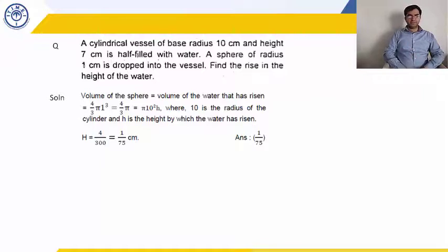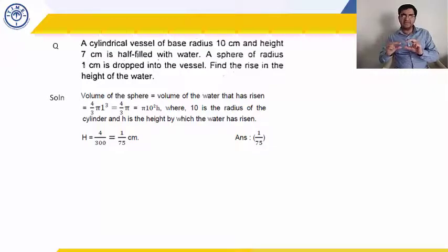So that is the concept being used here. The volume of water displaced inside the vessel is simply the volume of the sphere. So you have the volume of the sphere, which is the volume of water, which is equal to the volume of the mini cylinder that has formed of radius 10 and height h.